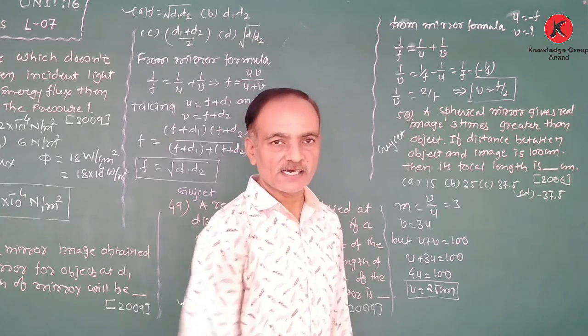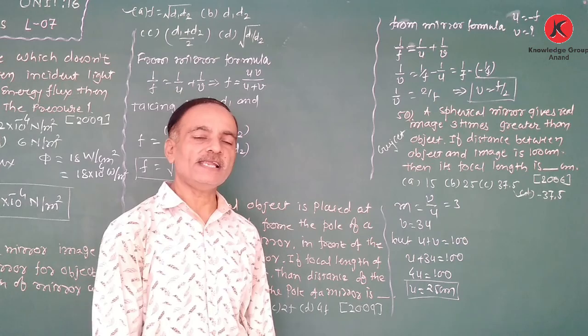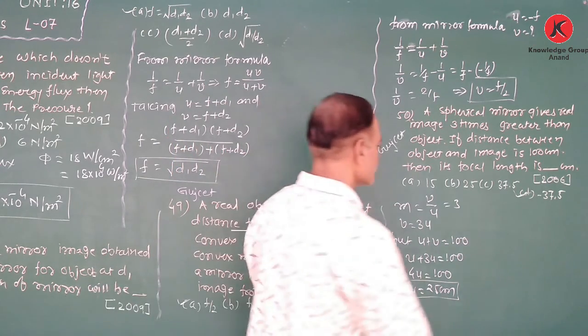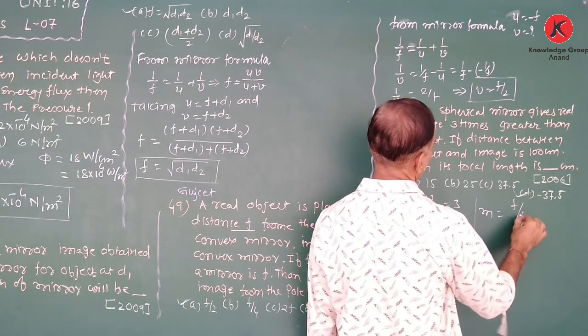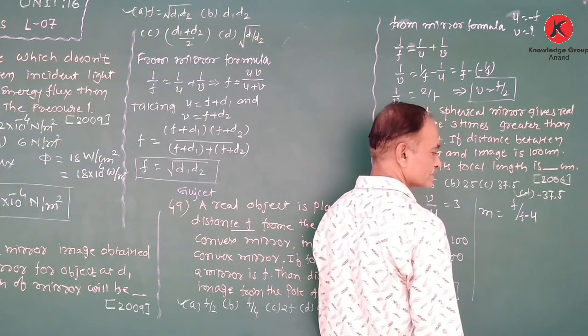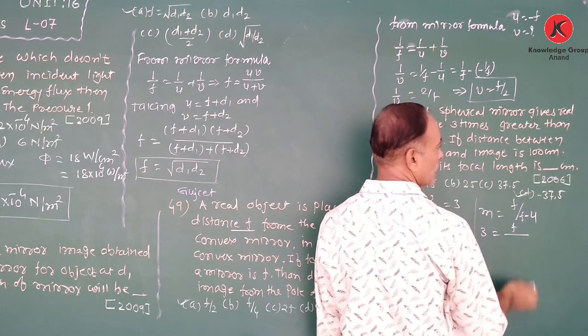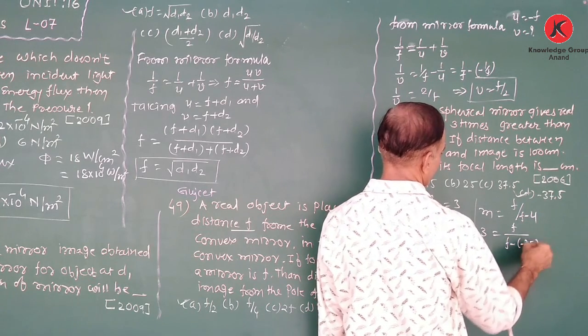Already we derived the equation of the relation between the magnification, focal length and object distance or image distance. So using this equation, m is equal to f upon f minus u. M is given, 3 is equal to f upon f minus 25.